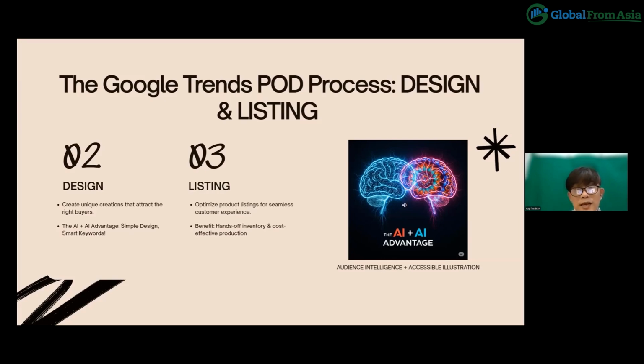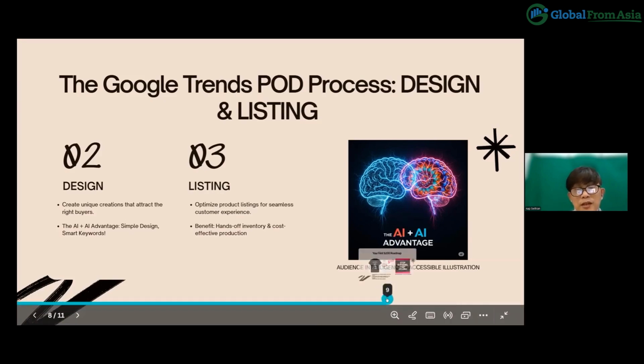On the right side of the screen, if you can see it, I call it the AI plus AI advantage. There's a part of it, the research, which I call audience intelligence, because once you've validated the research, you can move to the next step, which is AI, but I call it accessible illustration.